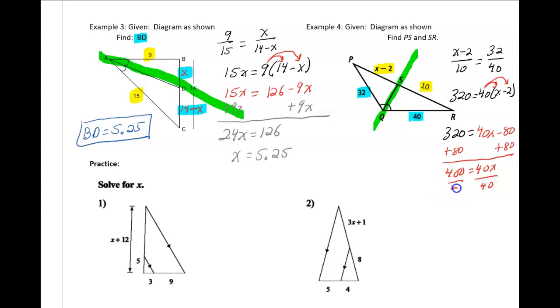Divide by 40, and we get x to be 10. But for example number 4, we are asked for PS and SR. So PS is x minus 2, so 10 minus 2, which is 8. And then SR is simply 10. I don't think there was supposed to be anything else there. So SR is equal to 10.